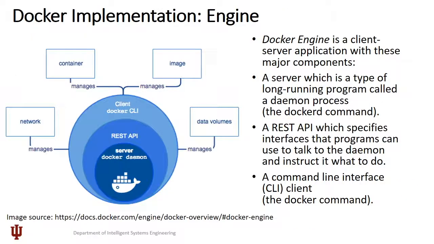Furthermore, we now see that this is a really layered system. As we showcased earlier, we have in the middle the Docker server with the Docker daemon. We have a REST API around it, we have a client around it, and we can manage certain things, such as how we access networks, how we integrate data, and how we access other containers and images.